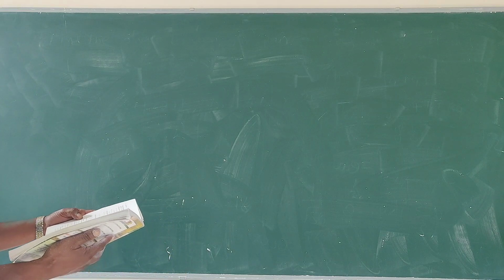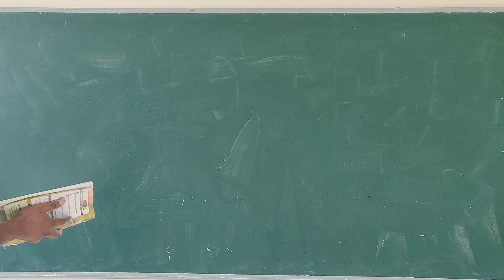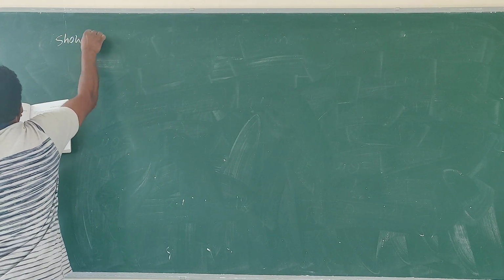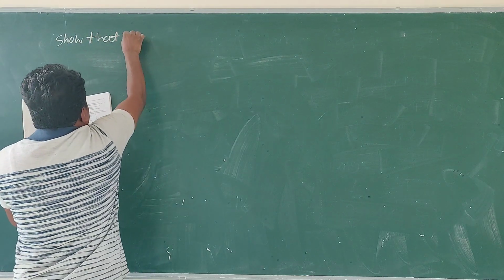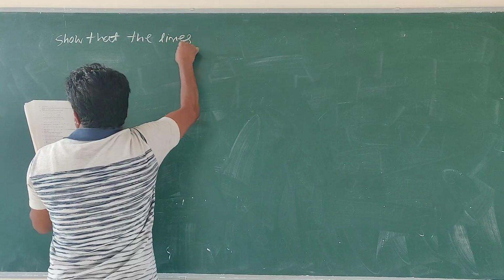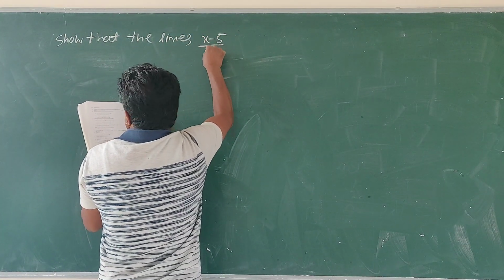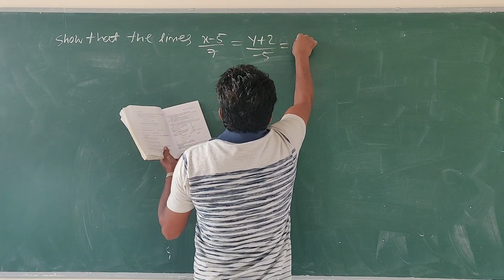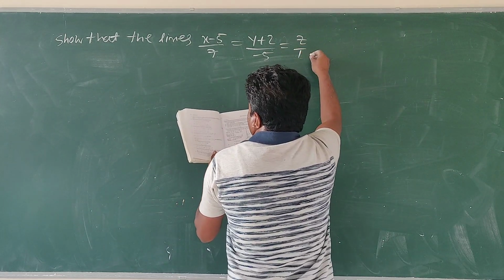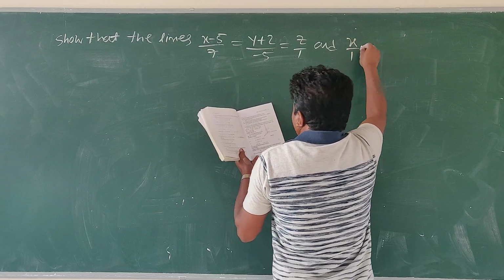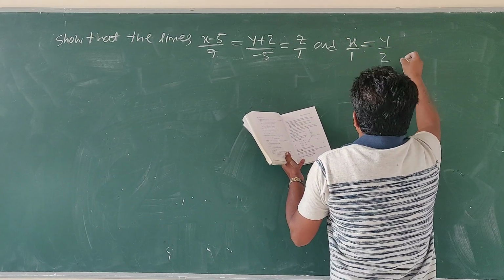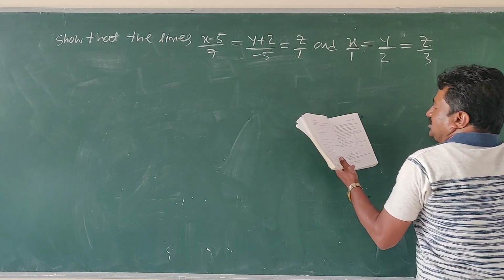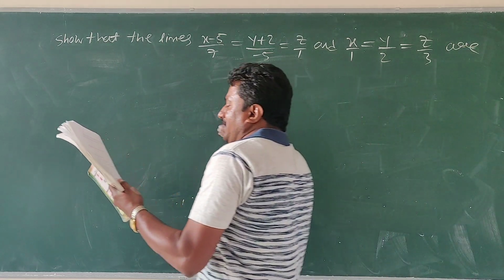Show that the lines x minus 5 by 7 is equal to y plus 2 by minus 5 is equal to z by 1, and x by 1 is equal to y by 2 is equal to z by 3 are perpendicular to each other.